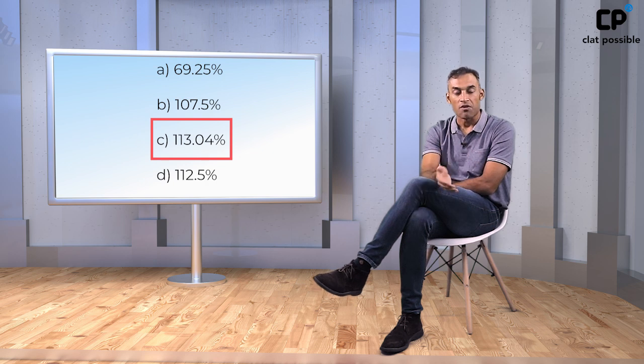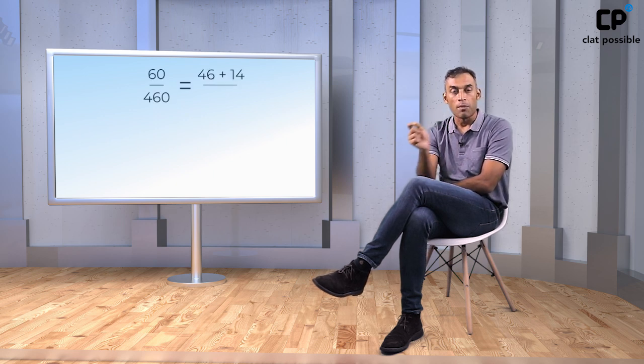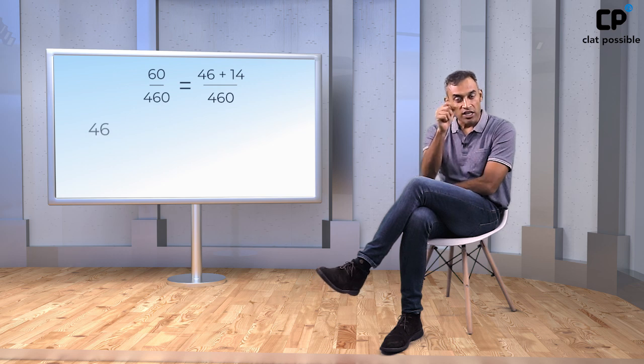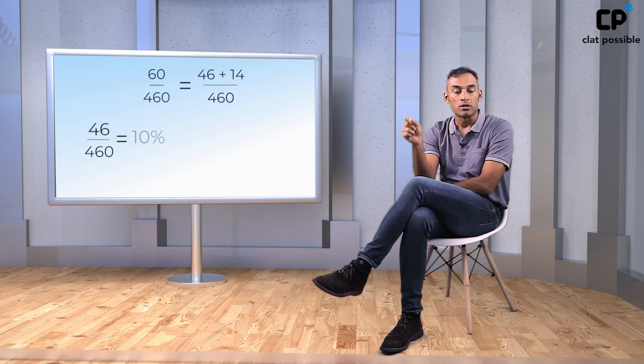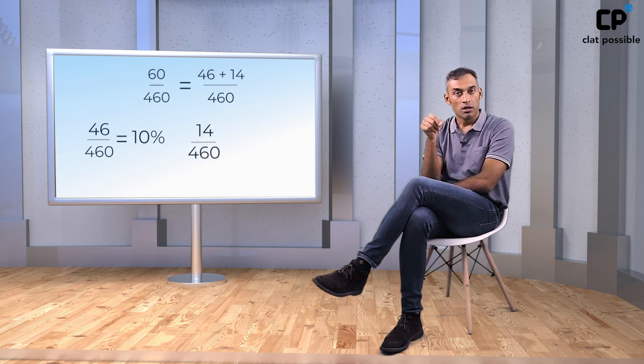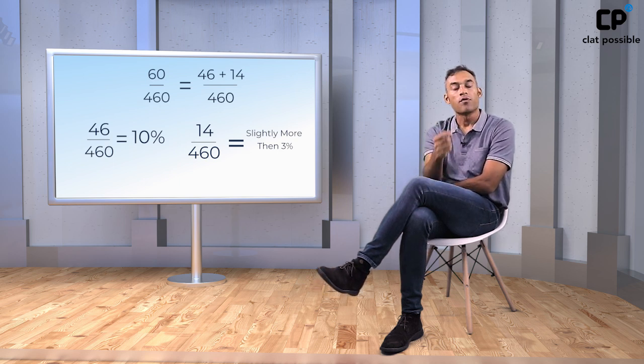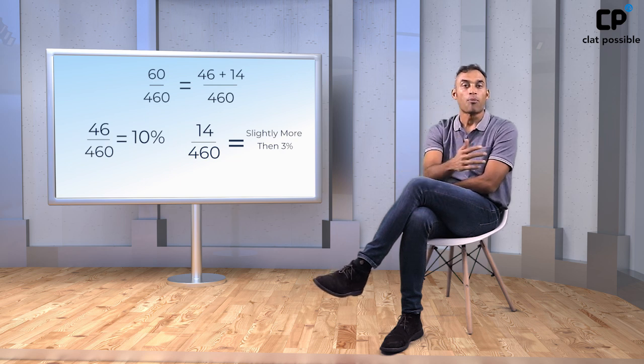Again, getting into more specifics, we found that 60 is nothing but, the breakup of 60 is 46 plus 14 upon 460. So 46 upon 460 is 10%, right? And 14 upon 460 is slightly more than 3%, because 1% of 460 is 4.6 and 3% of 460 is 13.8.